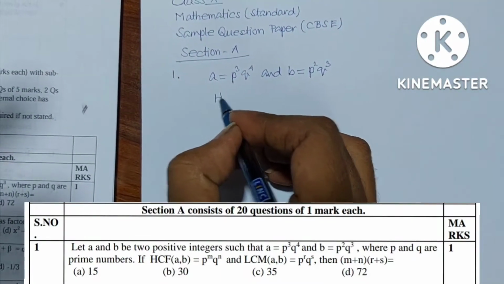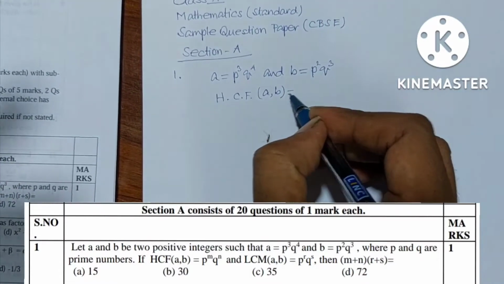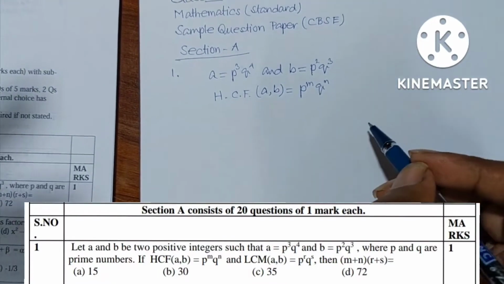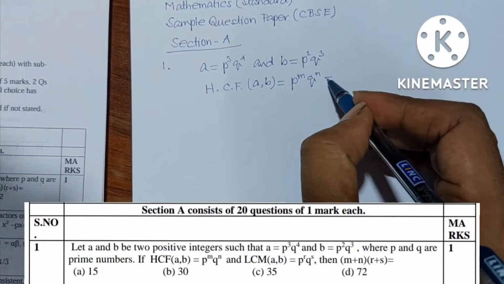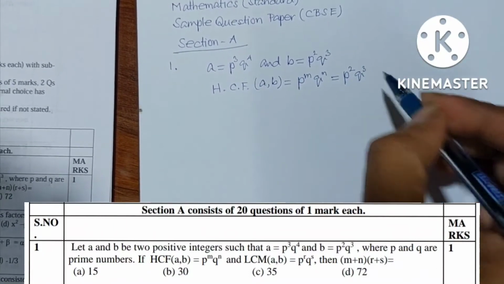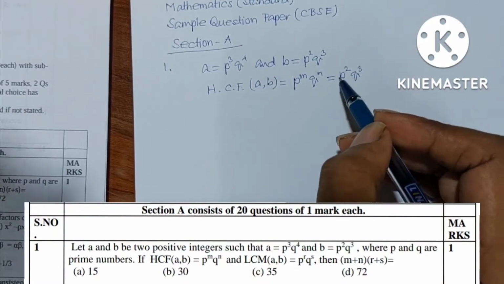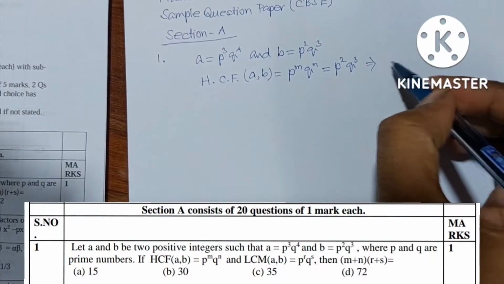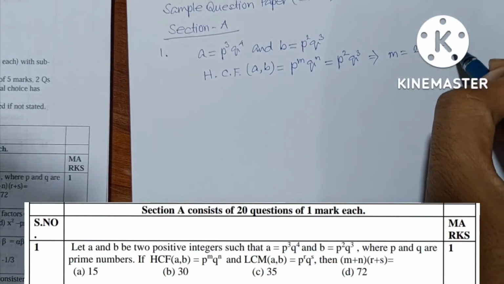HCF of a, b is given as p to the power m q to the power n. HCF is the highest common factor, so the highest common factor of a and b is p square q cube. So here m equals 2 and n equals 3.